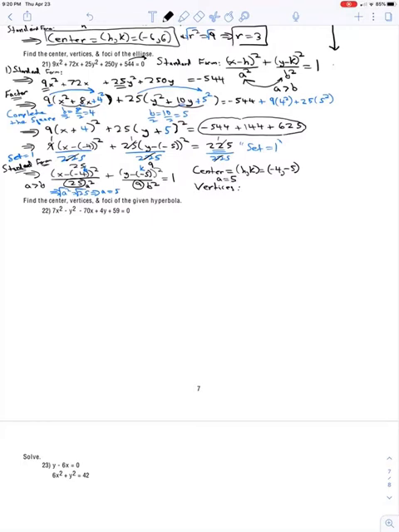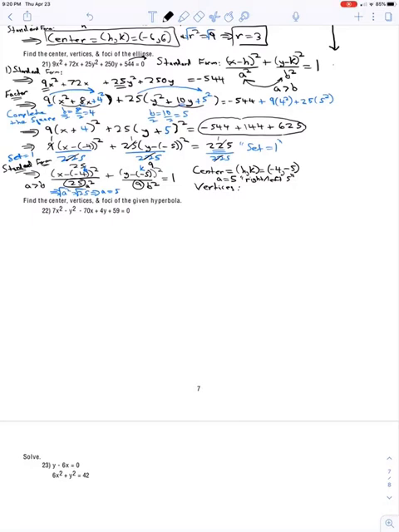Now here's where you got to know whether your major axis is horizontal or vertical. Since a is with x, right, that means we're going to go right and left 5 units. And the reason for that is we have a major axis that's horizontal. A is with x, right and left; a is with y, up and down.